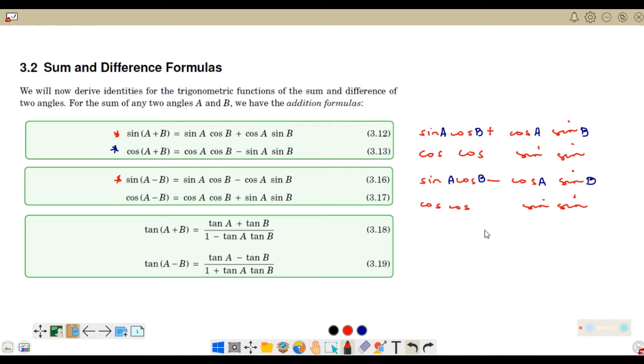Now, what is the thing that you have to remember when dealing with the sum and difference for cosine trigonometric functions? So, dito, babalik rin natin lagi yung operation. If you are looking for the cosine of the sum of the two functions A and B, ang operation mo for cos, cosine, sin is subtraction.